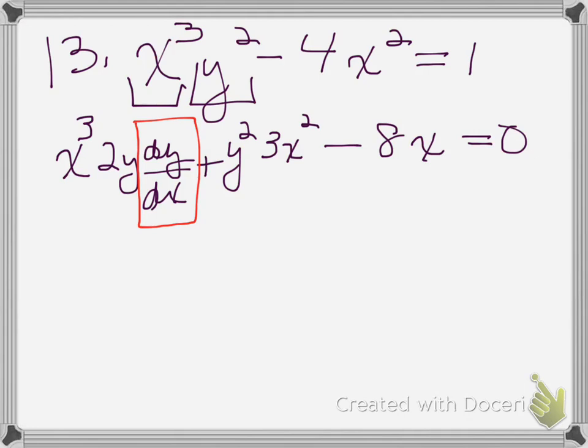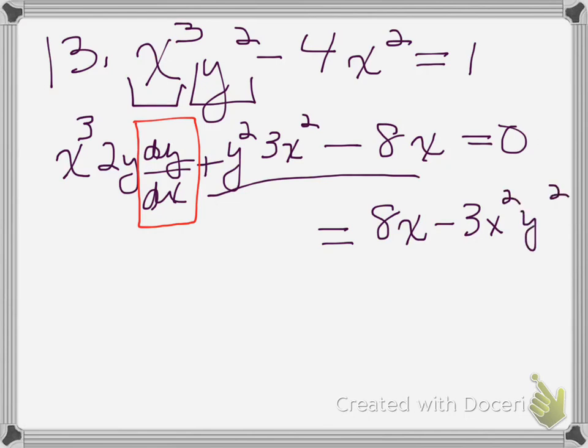So why don't we move this entire term over to the right. I'm going to shift my equal sign. So 8x becomes positive. I'm just going to change the order and make that expression negative. Then I'm going to start being very bad and combining like terms, or just doing multiple steps, I should say.